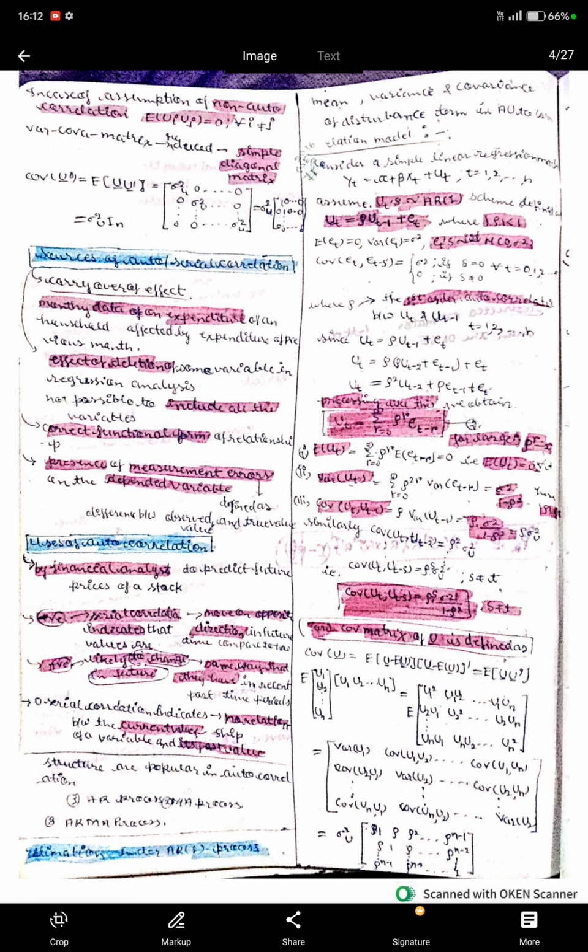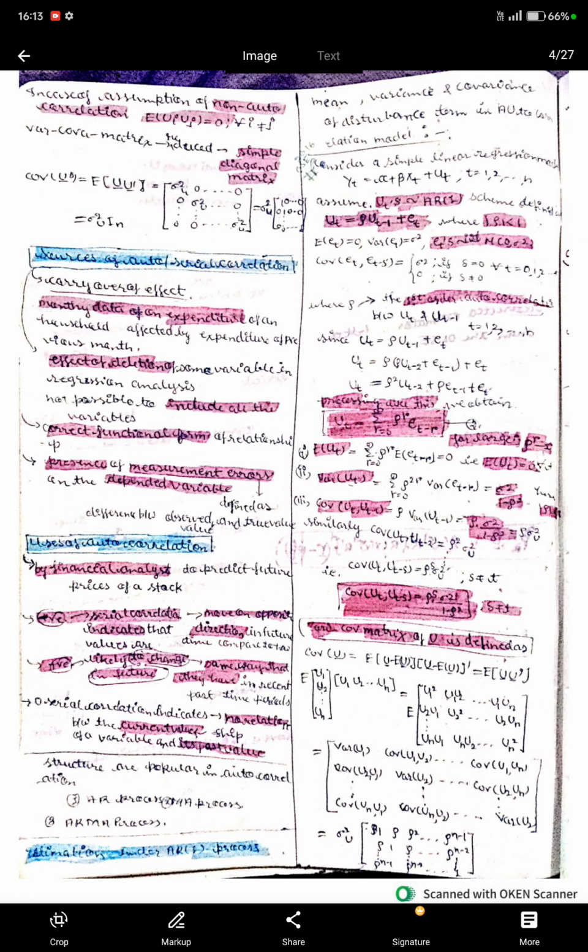If autocorrelation is positive, then values are likely to change in the future in the same way that they have in recent past time periods. And when the autocorrelation is zero, then zero serial correlation indicates no correlation between the current value of a variable and its past value.